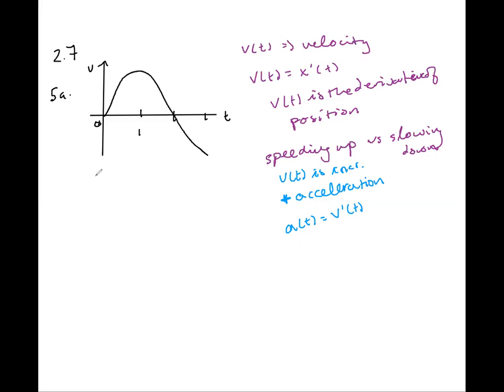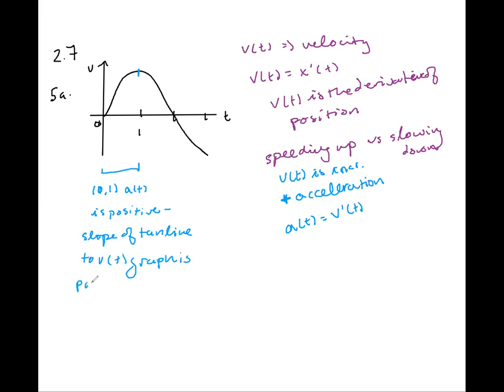And so we can determine that by looking at here. So from here to here, from 0 to 1, a of t is positive. And the way we can tell that is because the slope of the tangent line is positive.